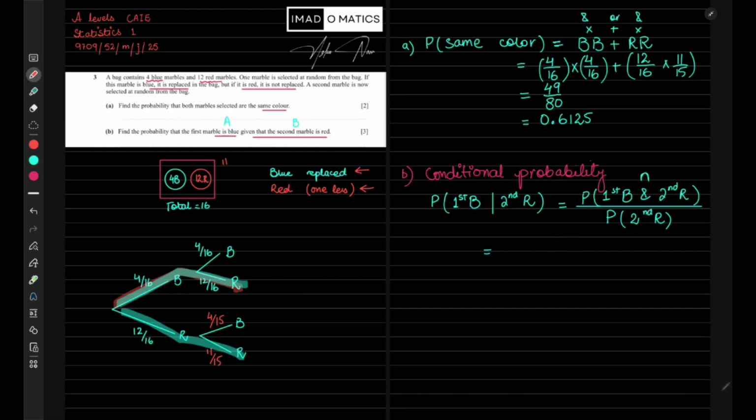So the numerator will be blue red, 4/16 times 12/16, divided by the probability of blue and red, that is 4/16 times 12/16, plus red and red, 12 over 16 times 11 over 15.